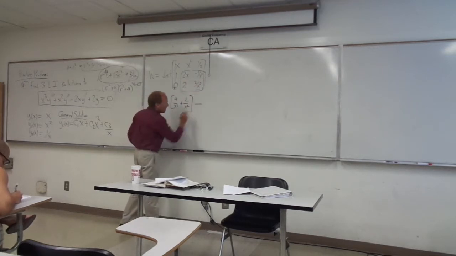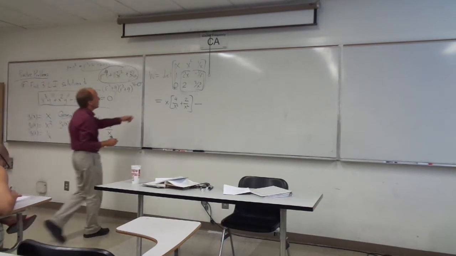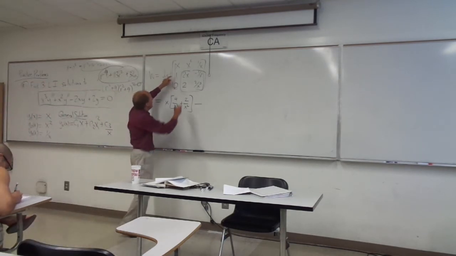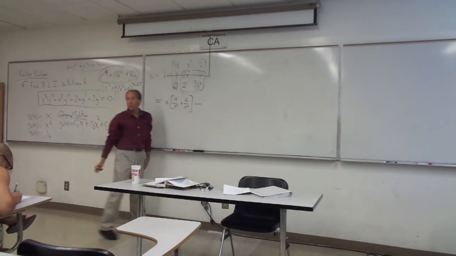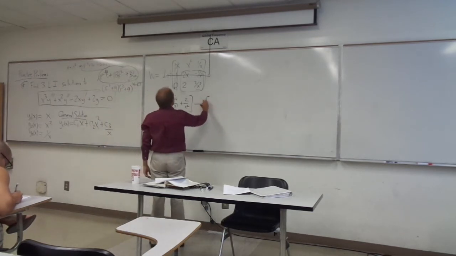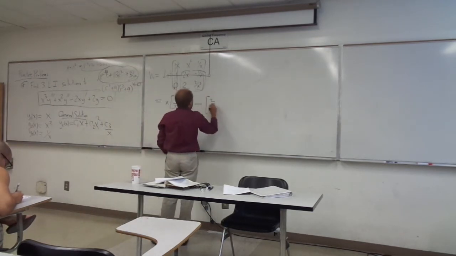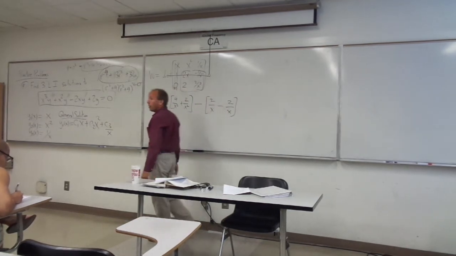And then I have minus, remember the determinant alternates signs as you go up and down the columns. So minus 1 times the determinant of the 2 by 2 matrix that you get from the 4 numbers I didn't cross out yet. That's going to be 2 over x minus 2 over x, right? That part's actually 0.